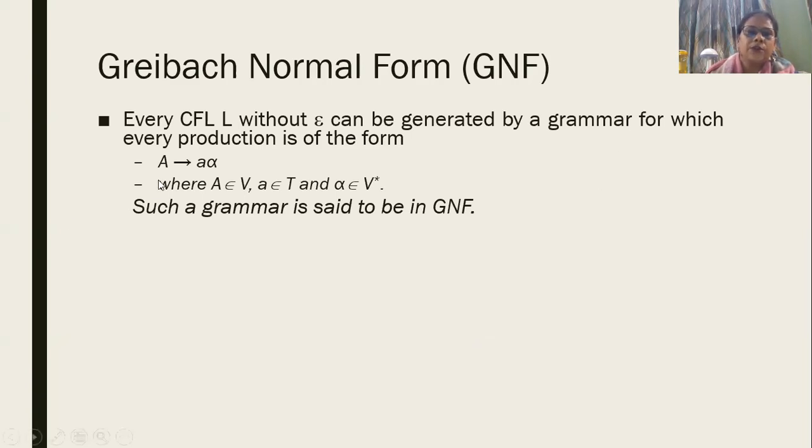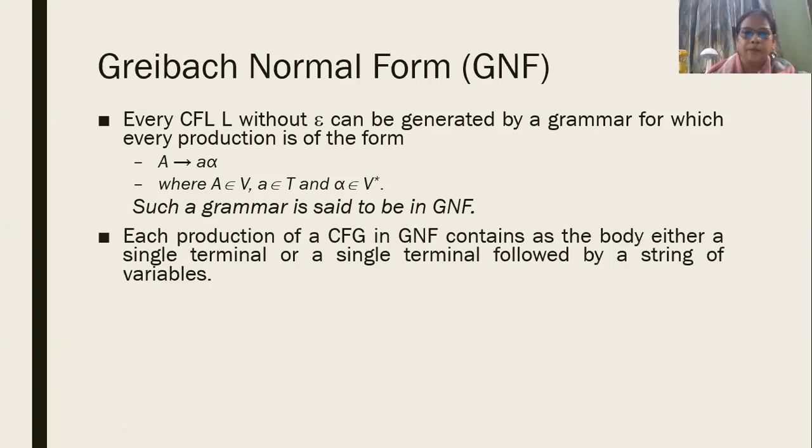If all productions are conforming to this form, then the grammar is said to be in GNF. Simply put, this means that every production contains either a single terminal on the right hand side or a single terminal followed by a string of variables.